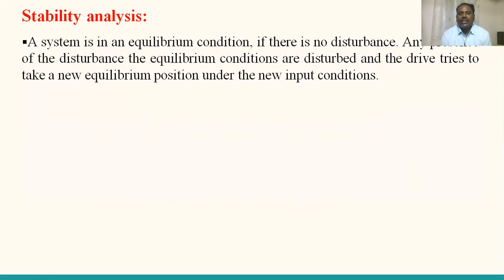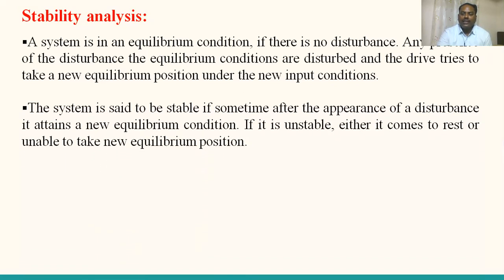With the presence of any disturbance, the equilibrium condition is disturbed and the drive tries to take a new equilibrium position under the new input conditions. If a disturbance arises, the equilibrium condition changes from one condition to another, depending upon the new input conditions.